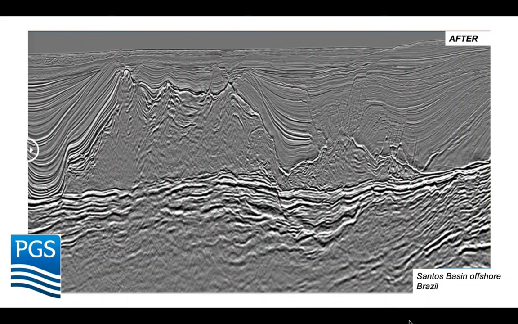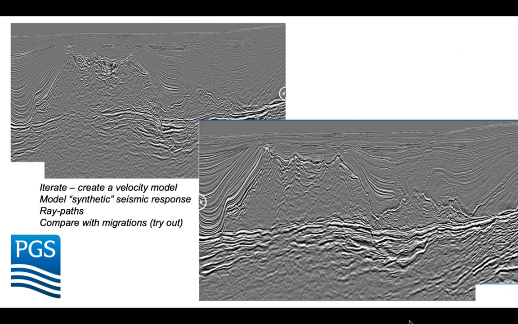How does the reprocessing work? Well, it's an iterative process. From the initial seismic image, you create a velocity model based on the rock types you expect to form the geology, together with the anticipated seismic response. And on the basis of this velocity model, you create a so-called synthetic seismic response. In other words, you take the geometry and you create a model of the seismic image that would be created, tracing ray paths through the heterogeneous velocity structure.